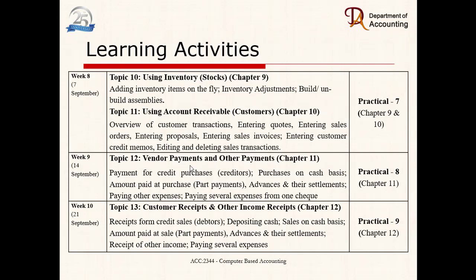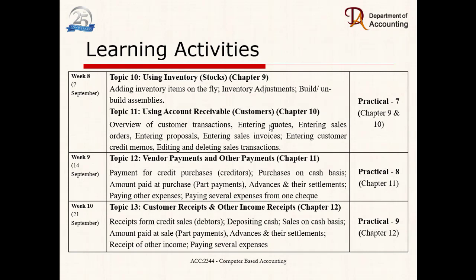Then in week 10, we are going to discuss receipts. Similarly, when we discussed the sales cycle, we hadn't completed it. It gets completed when you receive the cash. We discussed from the quotation to the sales orders to the invoices, and we stopped at that point. But to complete it, the cash has to be received, most probably towards the end of the credit period.